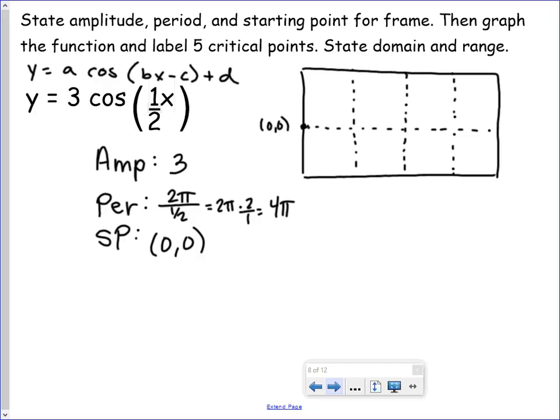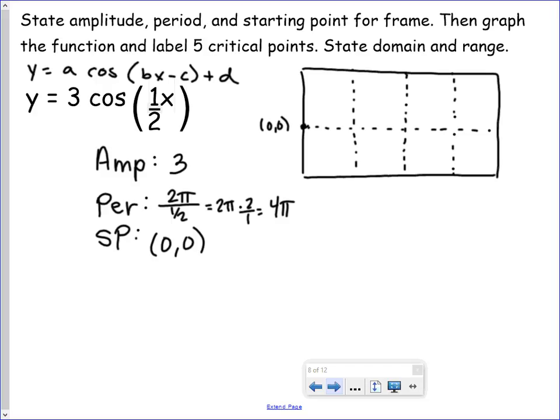And so what I want to know is what's happening on the vertical part of my frame. Normally, we know that sine or cosine, we just go up 1 and down 1. That's our range, -1 to 1. But Wyatt told us that the amplitude was 3. So we're looking at the y coordinate right here, which is 0.